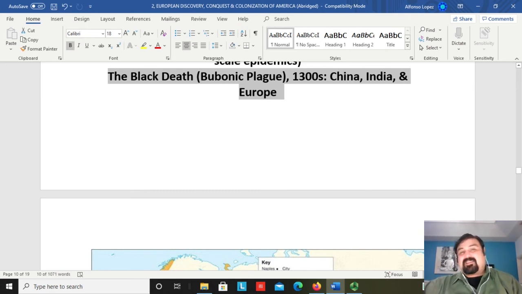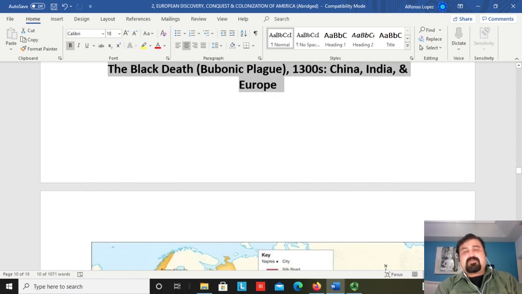The Black Death, it was called the bubonic plague. This is something that started back in northern China in the 1300s, spread across China, and spread into India through the trading networks, the merchant trails, with the spice trade, for example, the silk trade, the Silk Roads, and it spread into Europe, because of the spice trade as well, the commercial revolution.